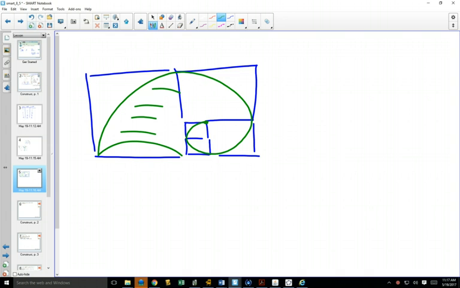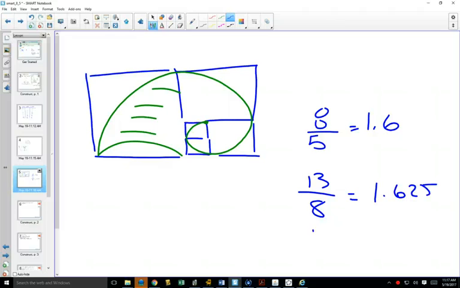And as we get bigger and bigger Fibonacci numbers, and we divide them over and over again, you start with 8 divided by 5, you get 1.6. Then you do 13 divided by 8, and you get 1.625. Then you do 21 over 13, and you get 1.615.